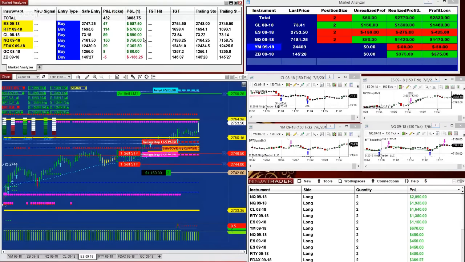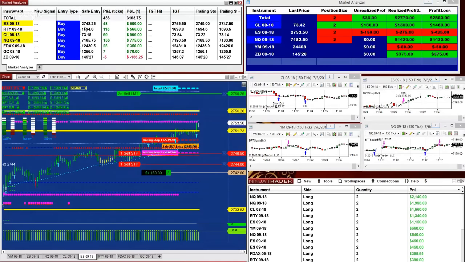For the ones who have not been here before, you can copy the trades from the entry telling you the buy signal, the entry price, and the trailing stop, and how many ticks based from the last signal. And another thing, here is the market analyzer, which gives you the entry and the target.